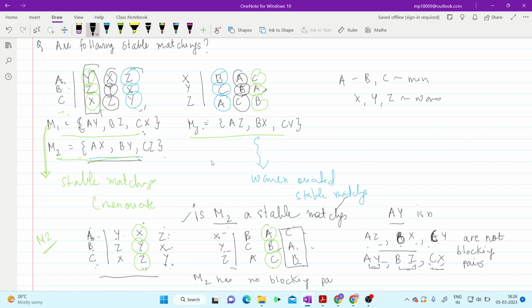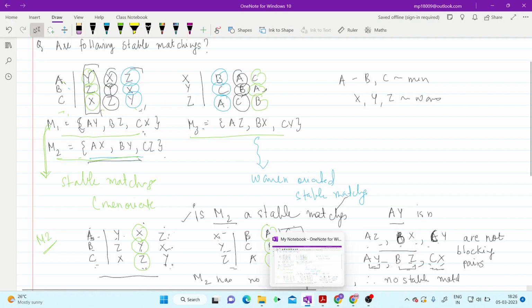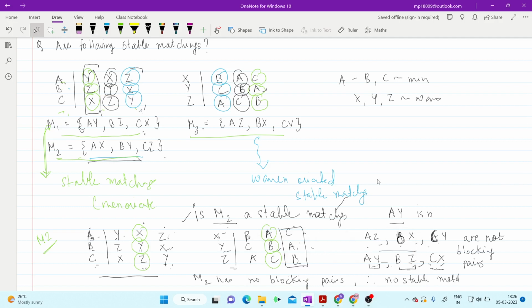Yes, ma'am. But man-oriented stable matching is M1, isn't it? Stable matchings are not unique. All three of them are stable matchings. A stable matching need not be unique.